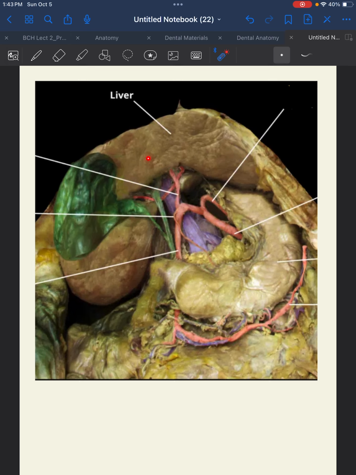When the liver, right here, synthesizes the bile, it travels through the left and right hepatic duct. And then it goes into the common hepatic duct to either deliver the bile down through the common bile duct into the descending duodenum, or it will send that bile up through the cystic duct to be stored in the gallbladder. And then, of course, here's your stomach, here's your liver.